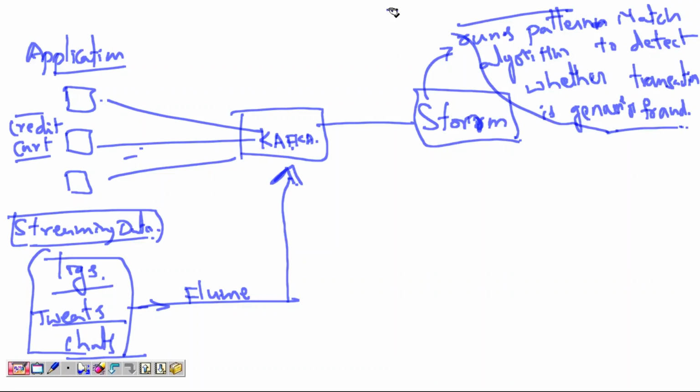That means you can use Storm for live analytics, real-time analytics, you can say.